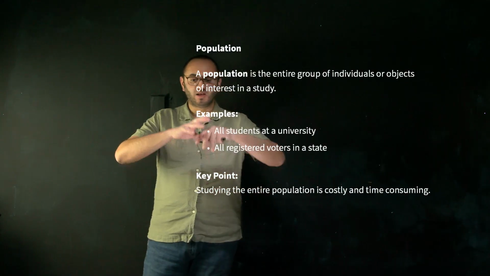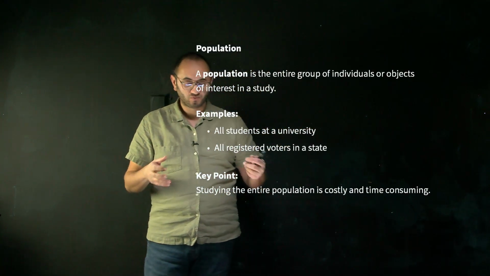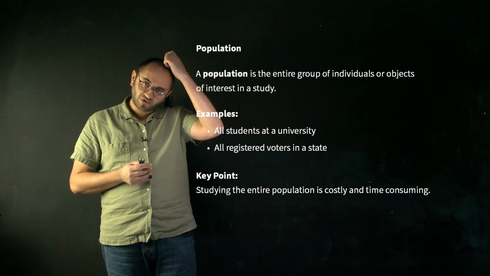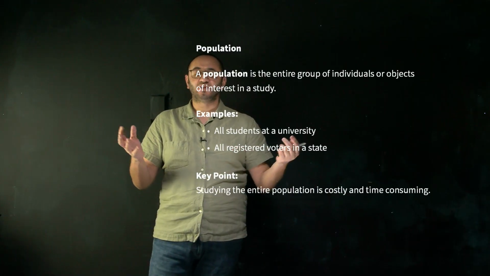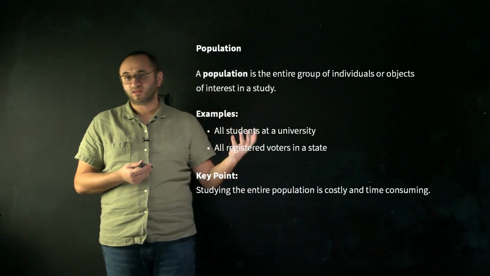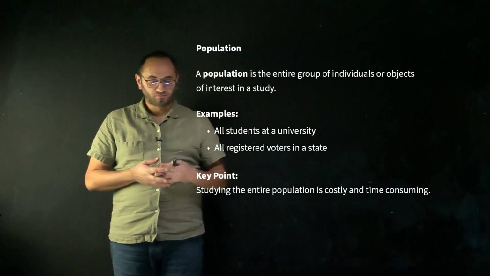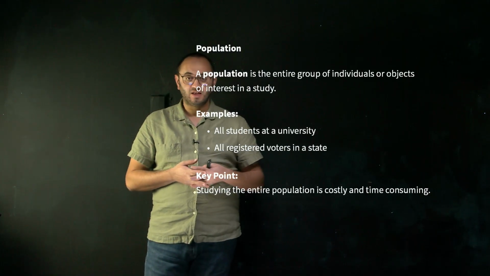So it's the entire group of individuals or objects. I said objects here because suppose we are interested in studying the palm trees in California, right? So those are not individuals, those are objects. Now, examples of population, like all students at a university.